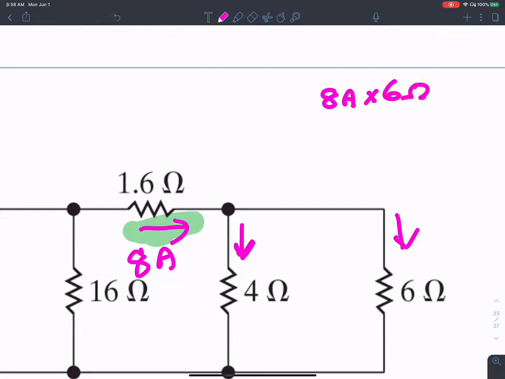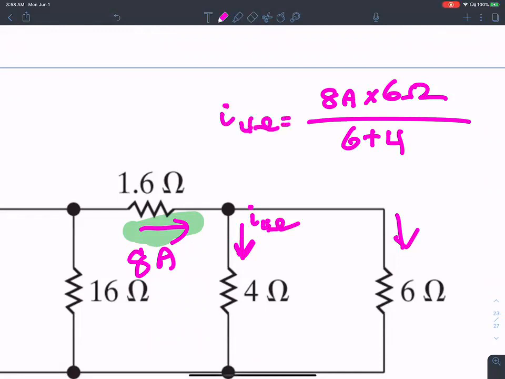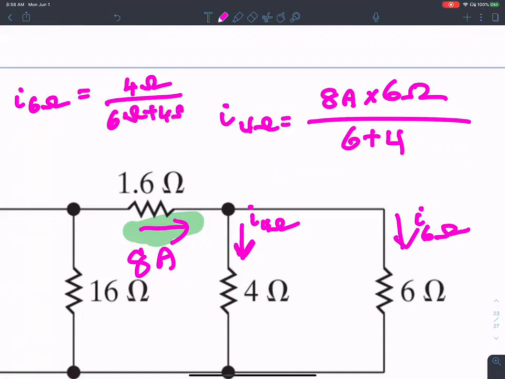The current through the 6 ohms is 4 ohms by 6 plus 4 times 8 amperes.